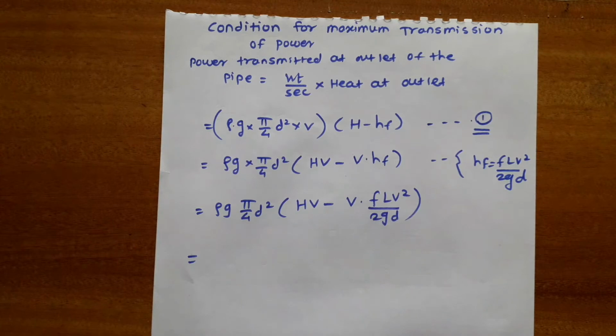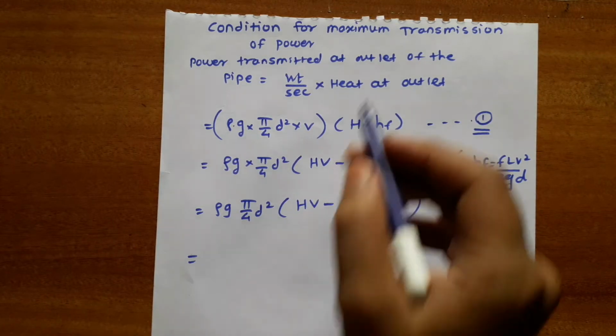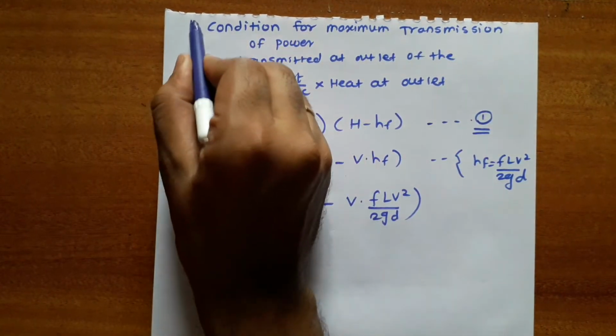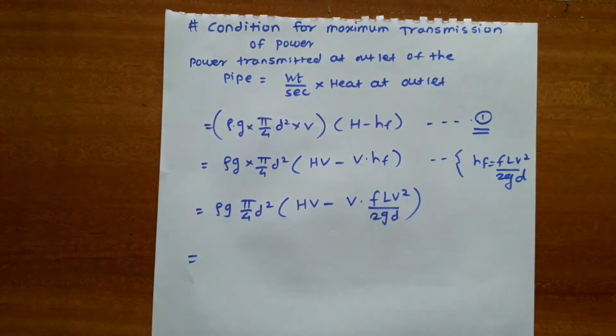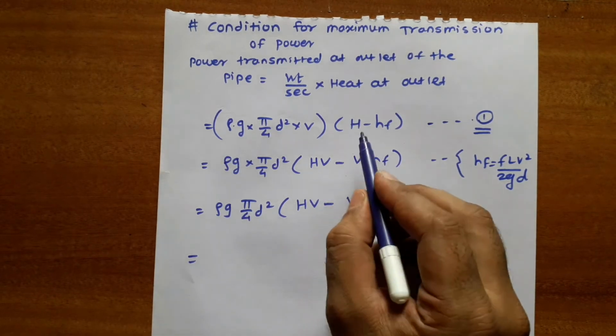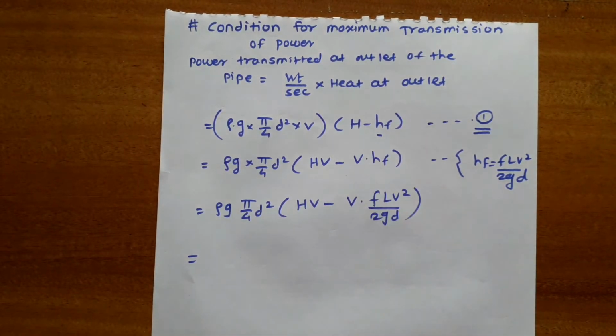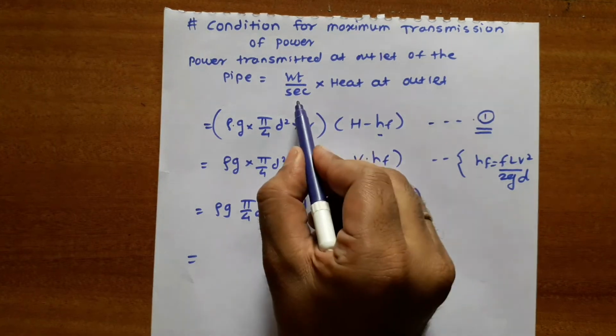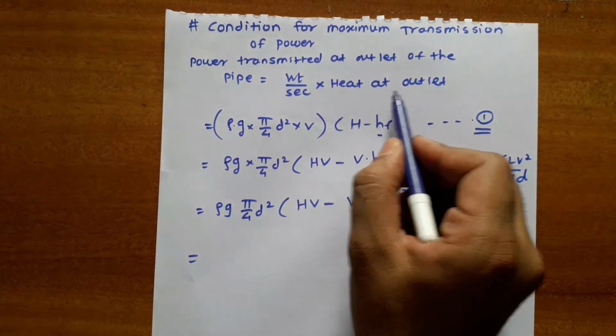The next point is the condition for maximum transmission of power. The condition for maximum transmission of power is obtained by differentiating equation 1, which is the power transmitted at the outlet of the pipe. It is weight per second into head at the outlet.